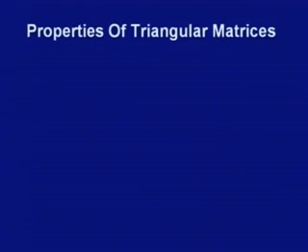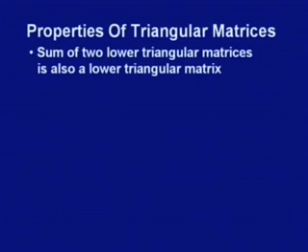Now, these triangular matrices appear in many engineering applications, and various properties of these matrices are useful. For that purpose, we will be discussing properties of triangular matrices. The first property we would like to discuss is that the sum of two lower triangular matrices is also a lower triangular matrix.